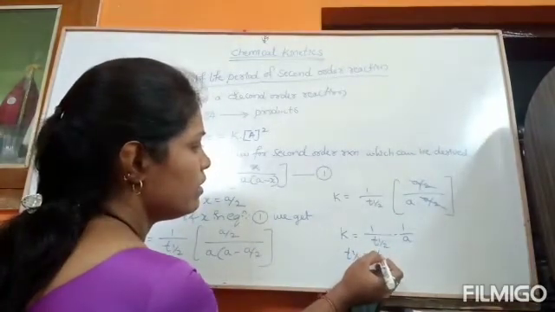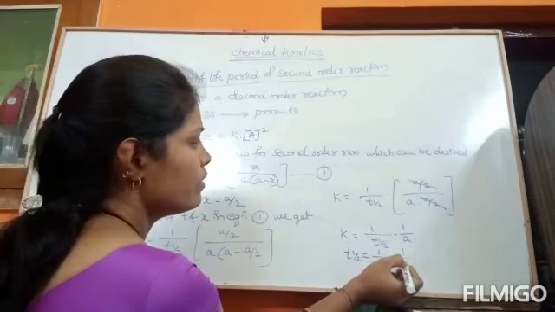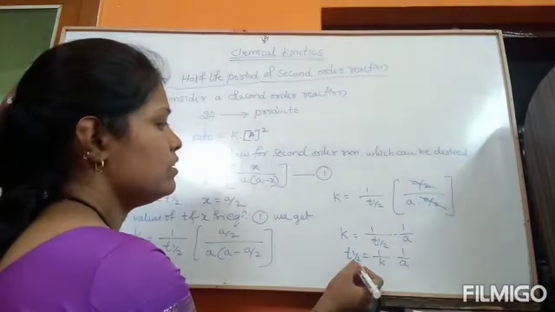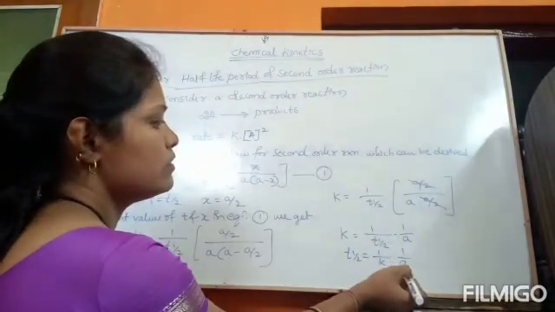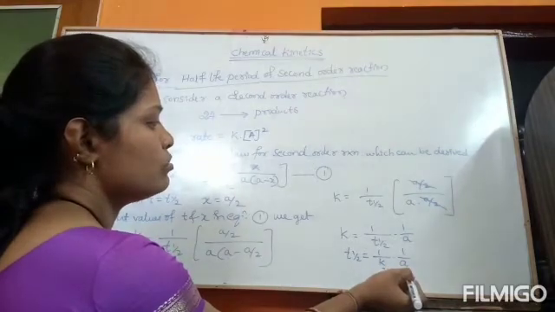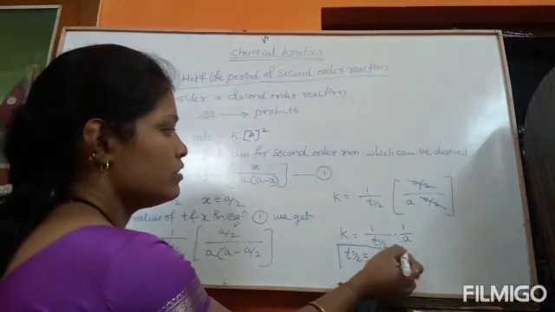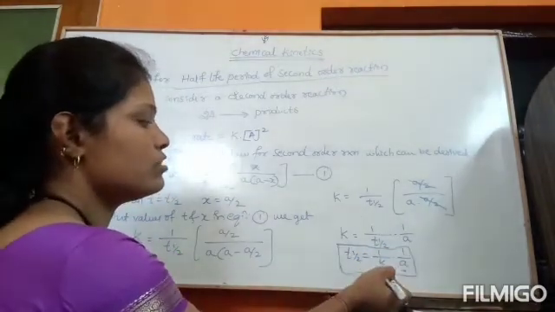Then t half is equal to 1 divided by K into 1 divided by a. Here the half-life period is inversely proportional to the rate constant as well as the initial concentration of the reactant. This equation is called the half-life period of second order reaction.